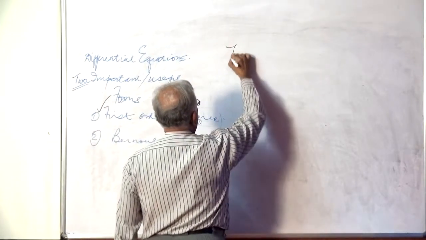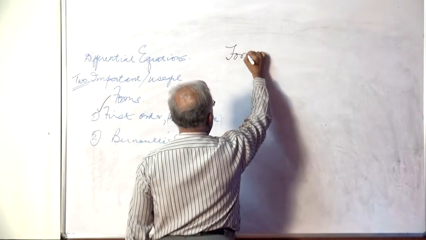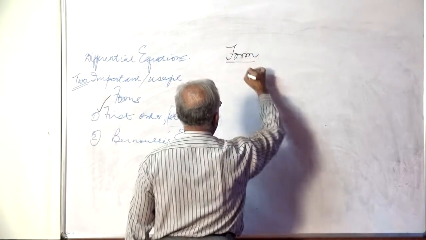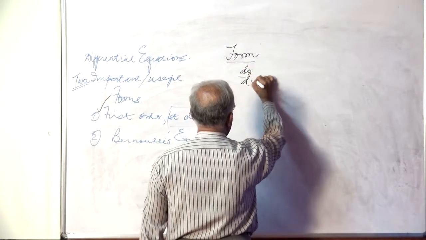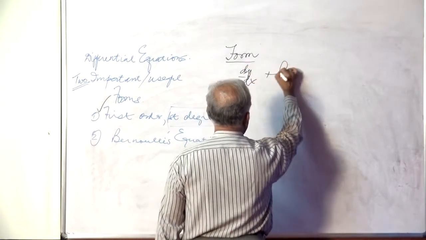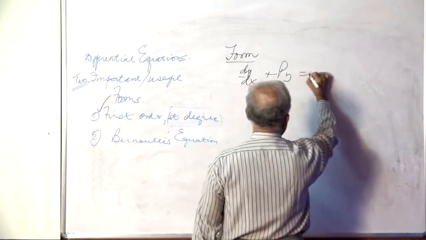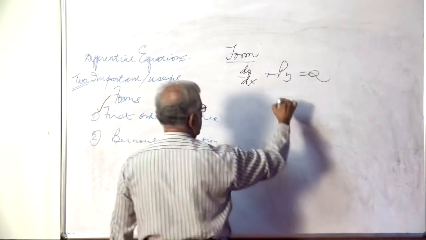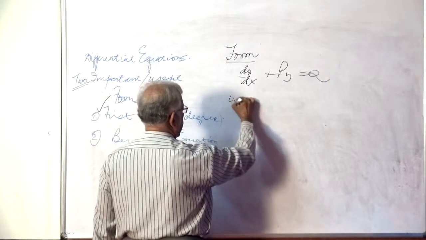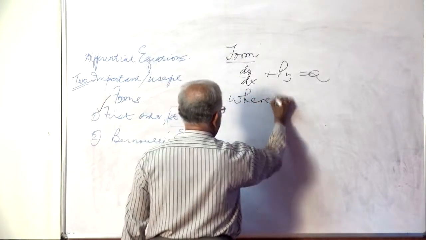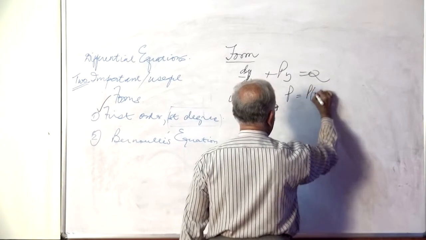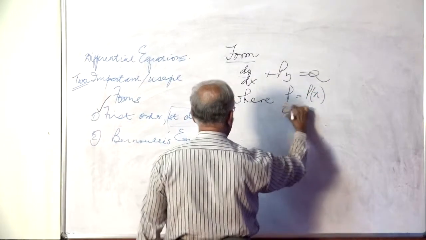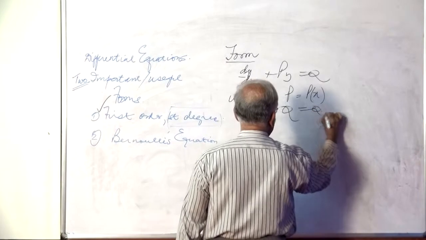The form of this equation is dy/dx plus py is equal to q, where p stands for a function of x and q stands for a function of x also.